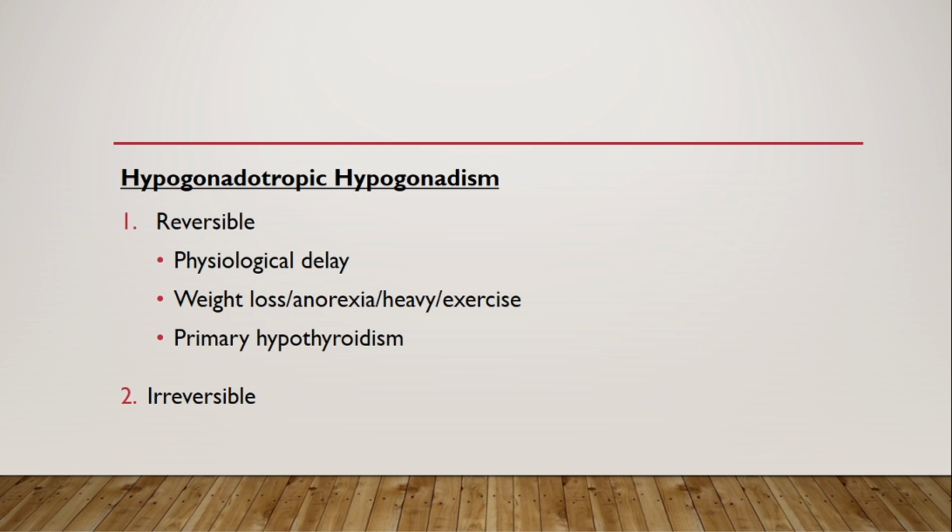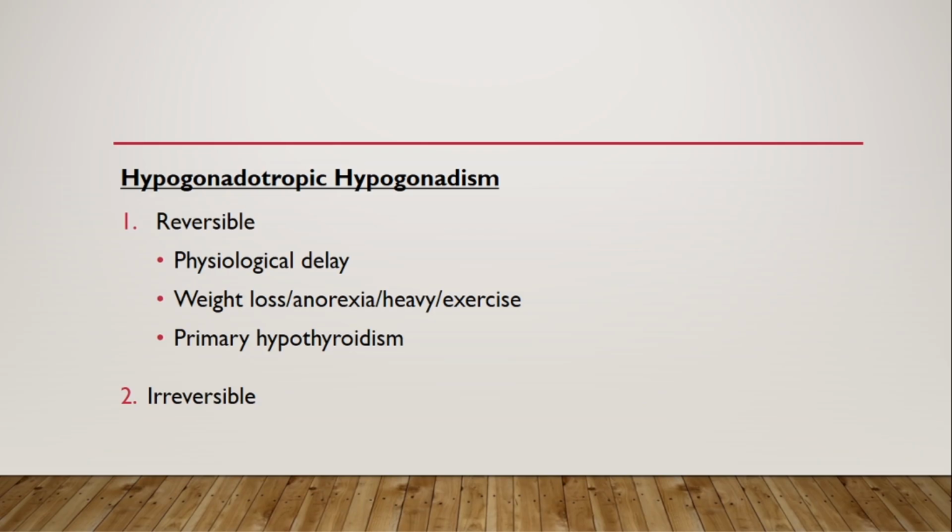Unlike in the first case, where there is hypergonadotropic hypogonadism, those people have high FSH, high follicle stimulating hormone, and a high luteinizing hormone. That's why they are hypergonadotropic hypogonadism. But in the case of hypogonadotropic hypogonadism, they have low follicle stimulating hormone and low luteinizing hormone.